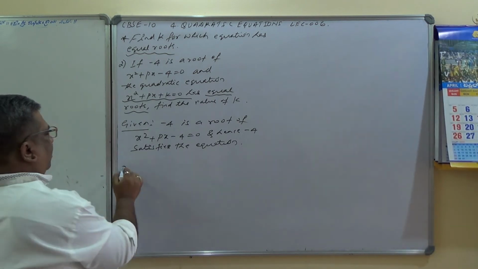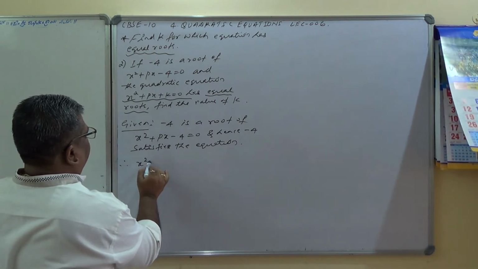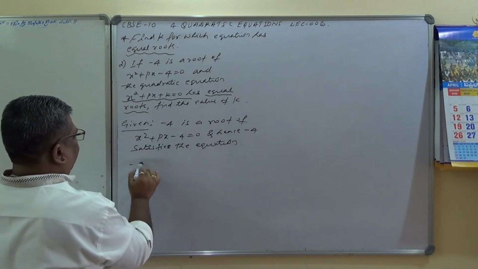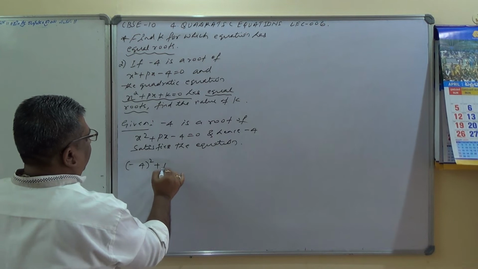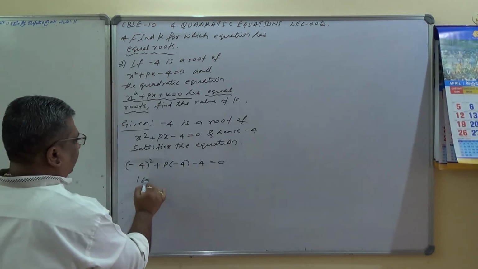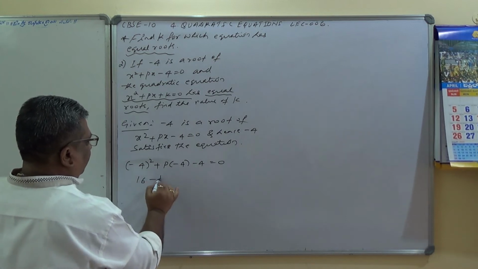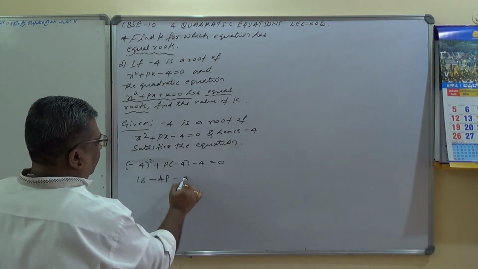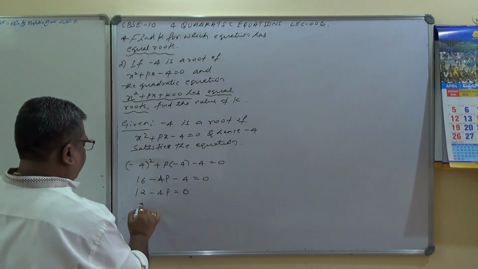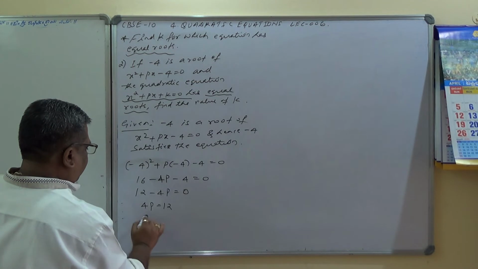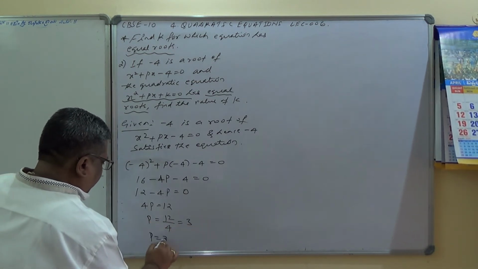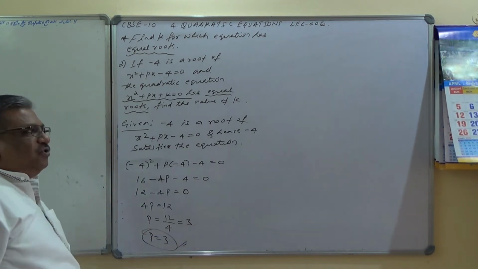That's the thing. Therefore, the value of x should be minus 4, the whole square plus p into minus 4. We got p equals 3.